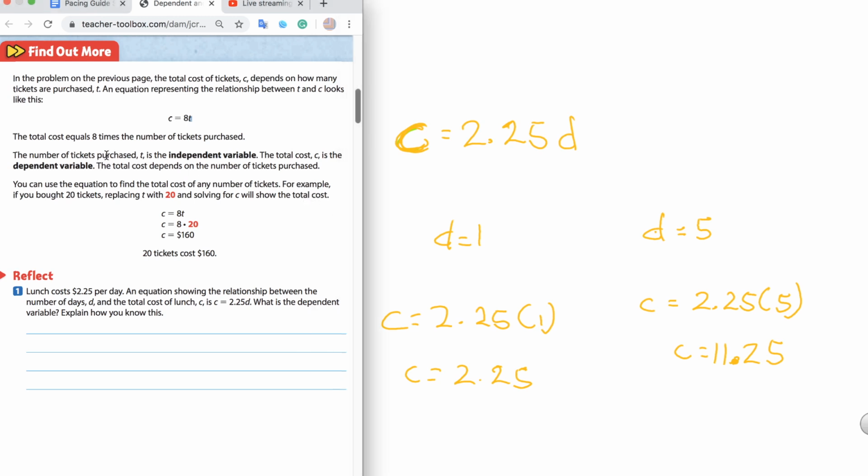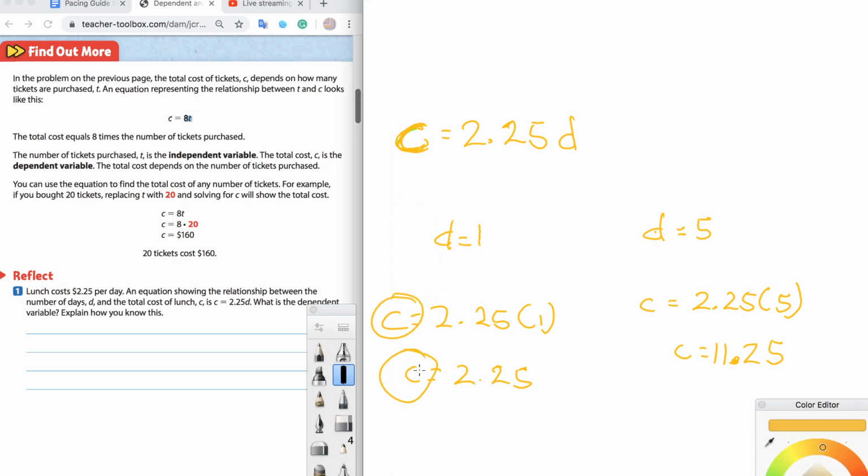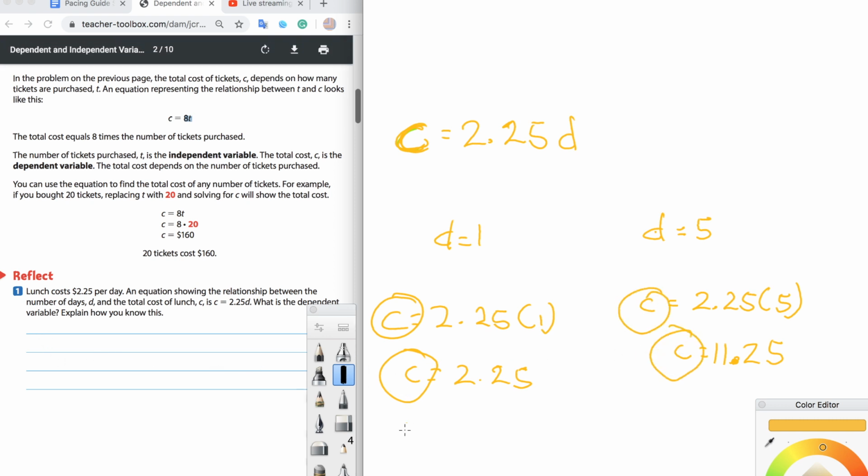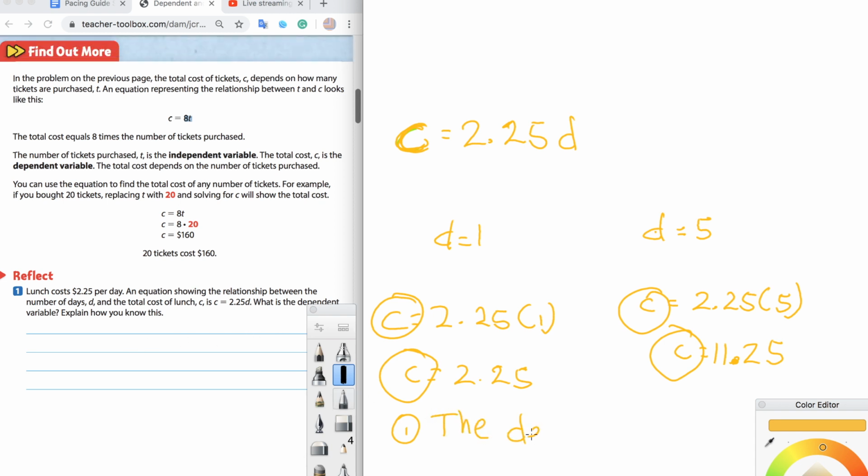Oh, no, wait, sorry. So the number of tickets purchased, T, is an independent variable. The cost is a dependent variable. The total cost depends on the number of tickets purchased. Sorry about this. So C is our dependent variable. Our cost depends on the number of tickets. So for answer number 1, what is the dependent variable?